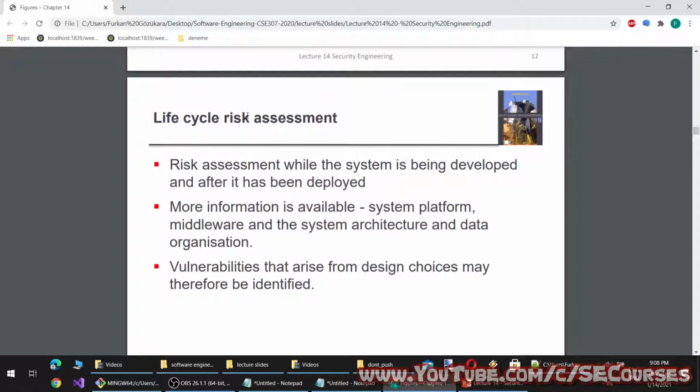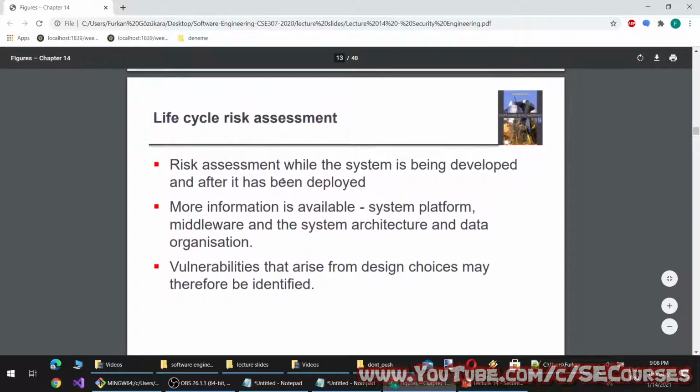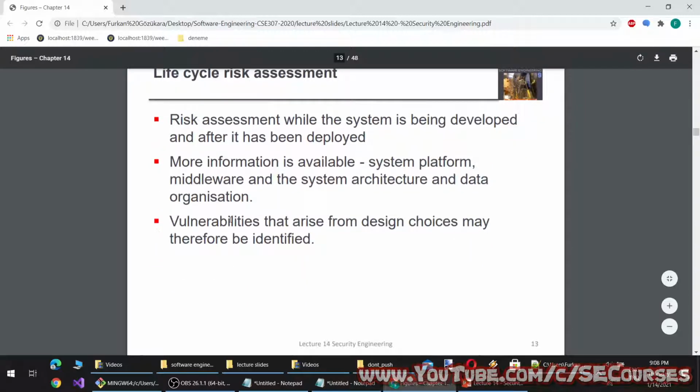So what are the life cycle risks and how do we assess them? More information is available after it is deployed: system platform, middleware, system architecture and data organization. Vulnerabilities that arise from design choices may therefore be identified after the system is deployed.